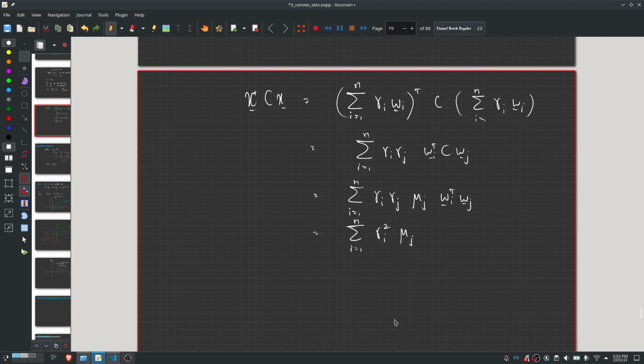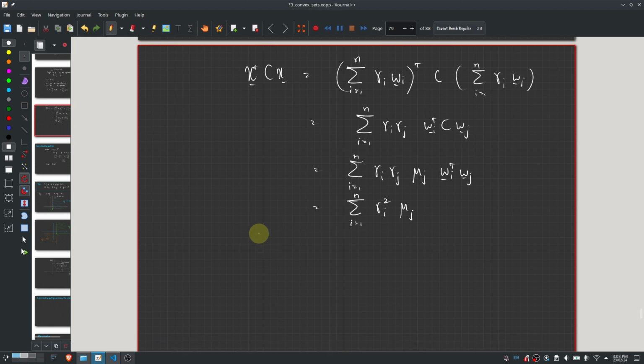Okay. So far it's fine. So maybe I should have been more careful. This is summation j equal to 1 to n gamma j wj. I'm using the same index, but actually these are two different sums.